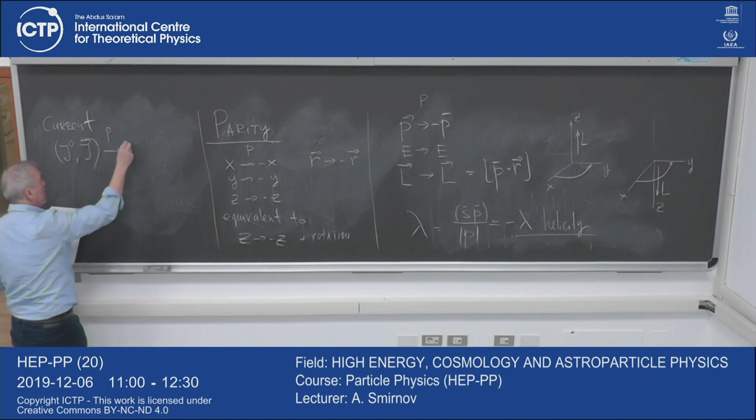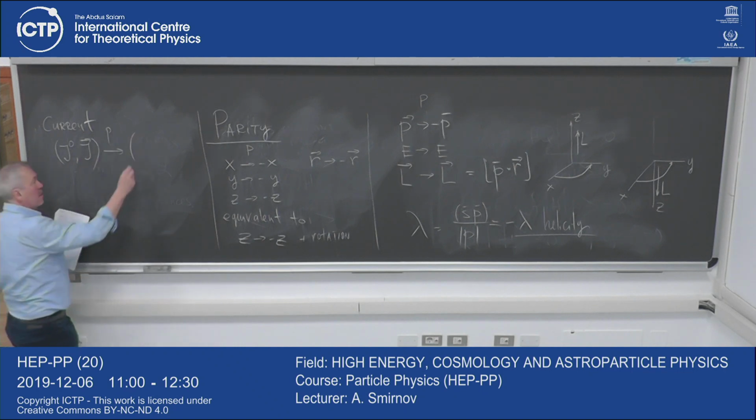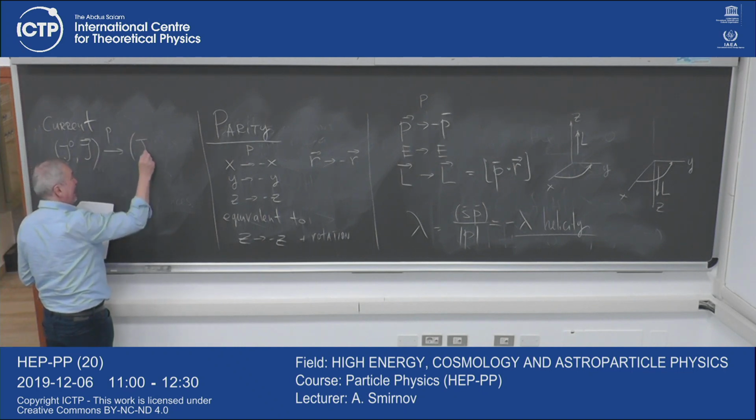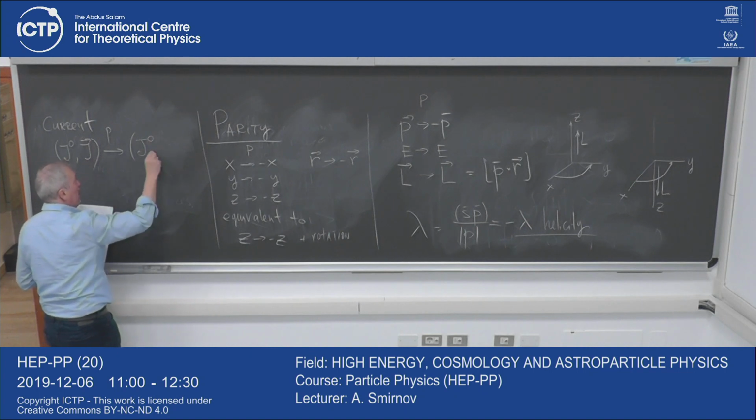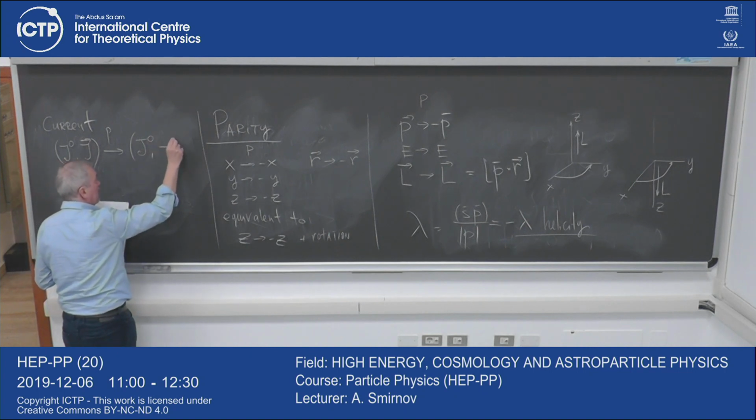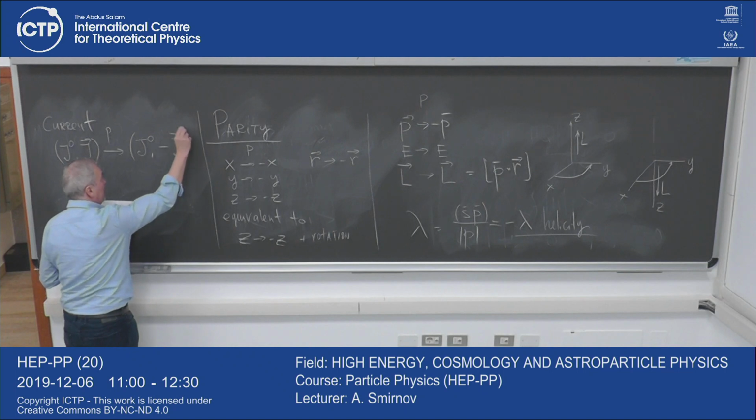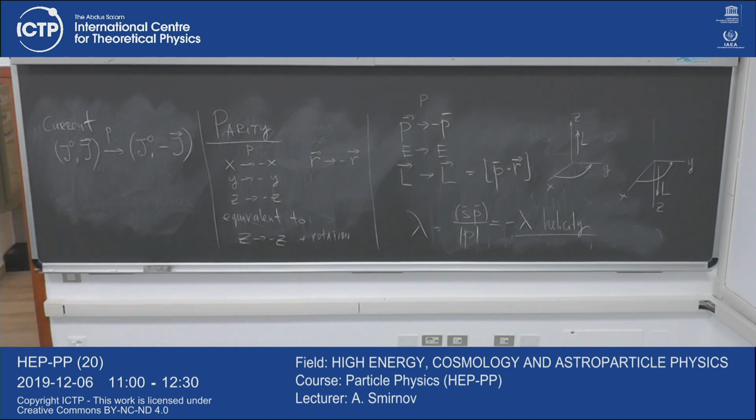Under P transformations, the zero component doesn't change sign, while the vectorial components get a minus sign. This is how we introduce the transformation of current. This is similar to what we have with energy and momentum. This is for a vector, and energy and momentum have the same type of transformations.